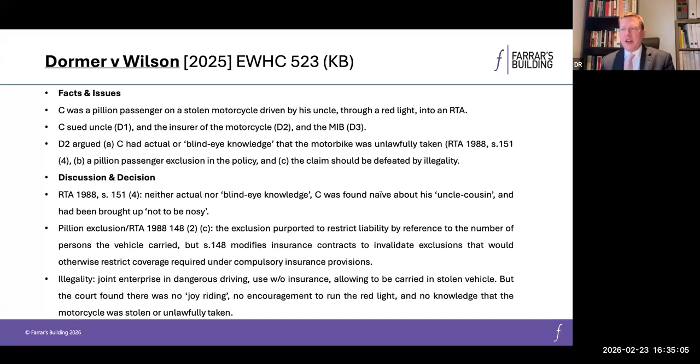It was an attempt to do that, and section 148 modifies any insurance contract to invalidate exclusions that would otherwise restrict coverage under the policy that's required under compulsory insurance provisions. So on both those points, the decision demonstrates the quite protective approach that interpretations in the cases recently have taken to ensure that third-party coverage remains available to an injured passenger, regardless of contractual restrictions.